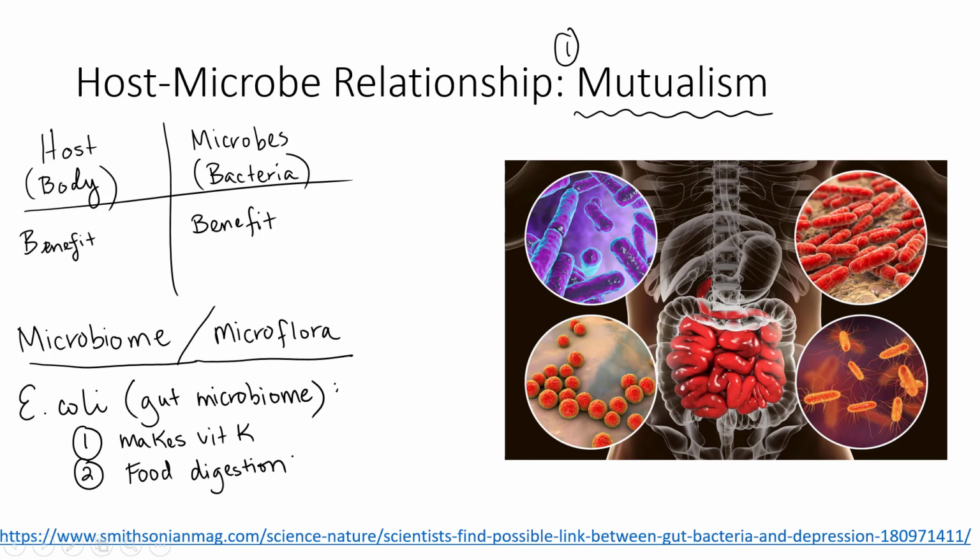So there's certain foods that our bodies don't have the enzymes to digest, like fiber, for example. And so the E. coli help in the digestion of certain types of foods. Of course, they benefit from that too because they get ATP from the digestion of some of our food molecules.